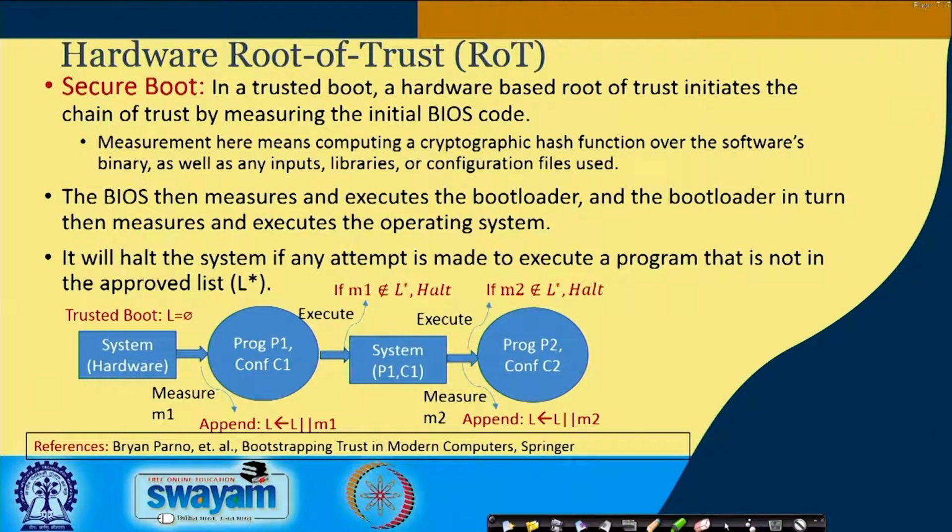developing a root of trust. A fundamental objective of bringing in hardware is that we develop a very minimal component called the root of trust, or ROT. Imagine that you have a computing system and you would like to boot it.